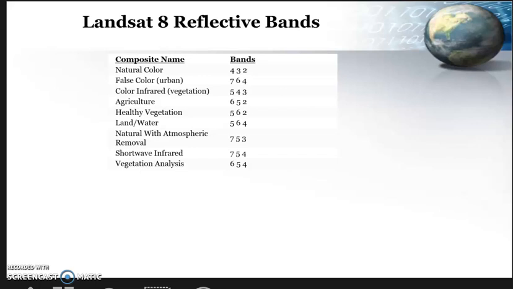Another combination uses the shortwave infrared, shown as red, the near-infrared as green, and the green visible band, shown as blue. In this false color composite, vegetation might appear bright green, bare ground appears reddish, and snow appears bright blue. Though there are many possible combinations of wavelength bands, this table is a list of some that are commonly used. The band combinations are listed by band number in order of red, green, and blue.